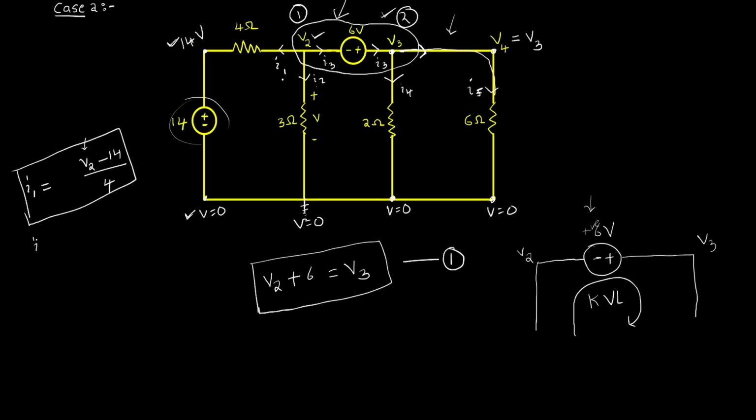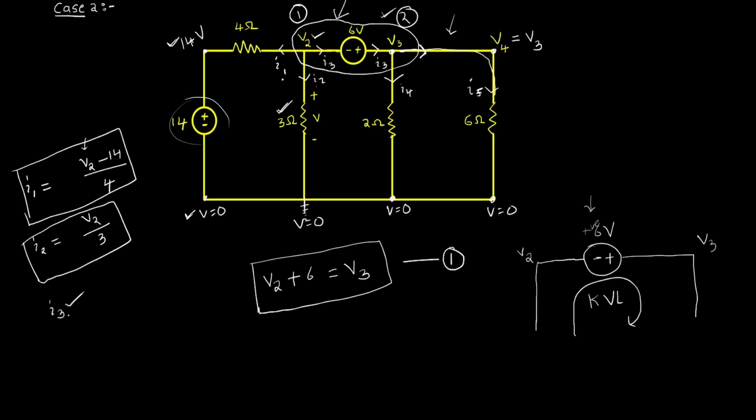Similarly, if we take a look at the current I2, it starts at the potential V2 and ends at the potential 0, passing through the 3 ohm resistor. So we can express I2 in terms of volts as V2 by 3. If we take the current I3, we leave it as it is.